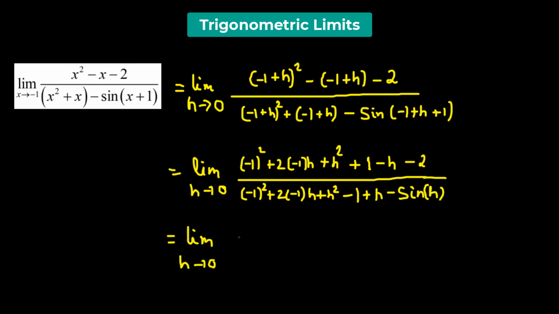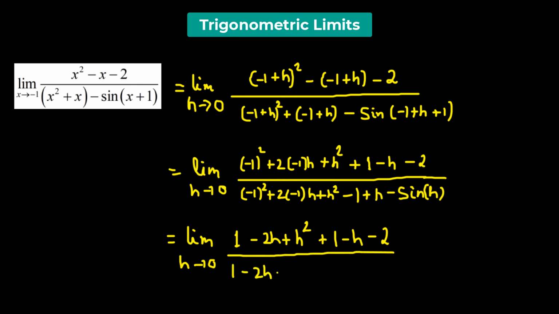So negative 1 squared will be 1, 2 times negative 1 times h will be negative 2h plus h squared plus 1 minus of h minus 2, whole thing divided by 1 minus 2h plus h squared minus of 1 plus h minus sine of h.